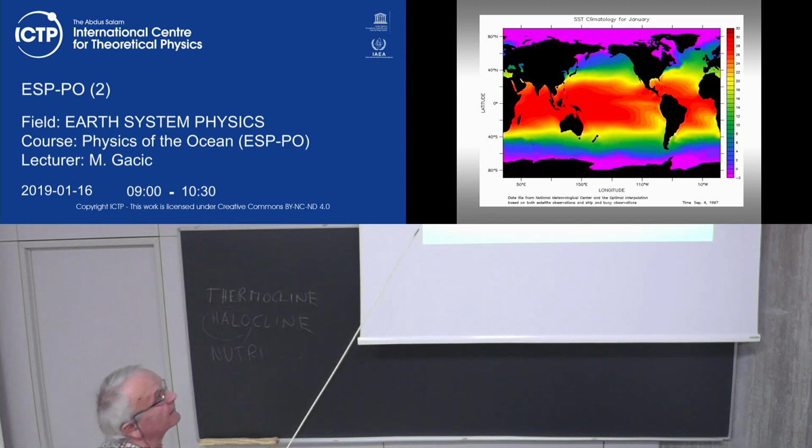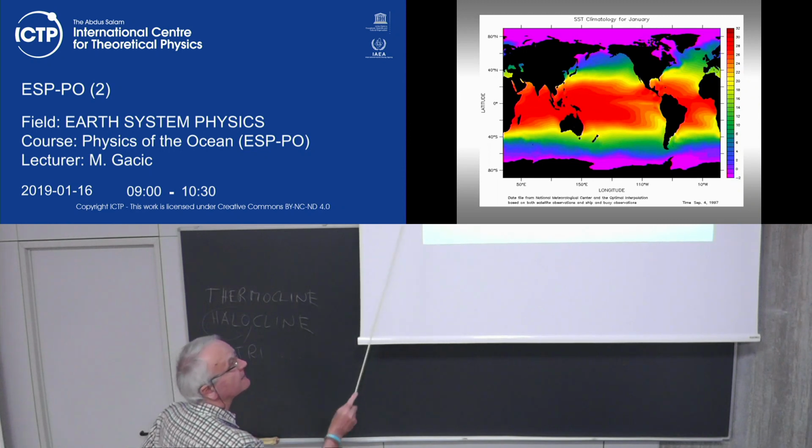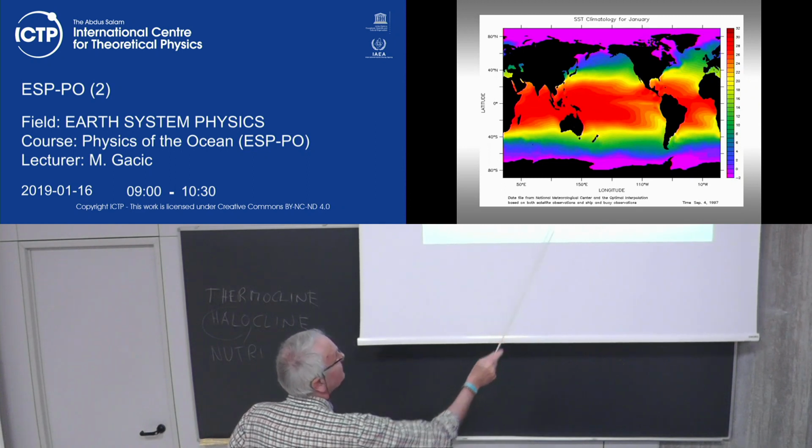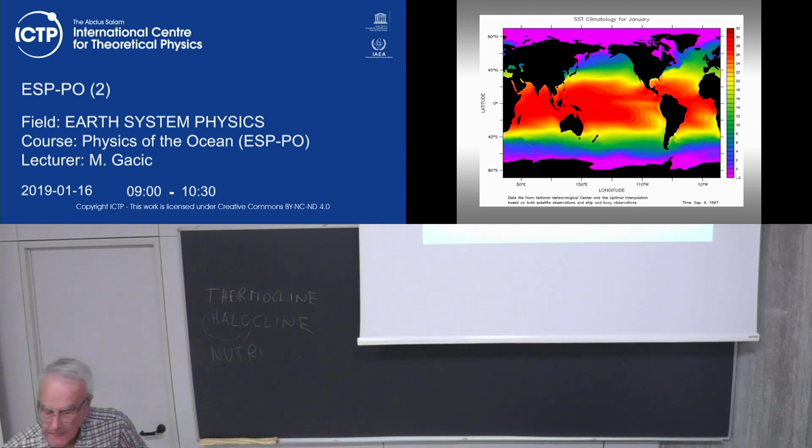What is clearly seen from here is the prevalent zonal distribution of the temperature, which, however, in certain areas is not perfectly zonal. It's not perfectly zonal because of the circulation in the world ocean, because the ocean does part of the redistribution of the heat by itself, vertically or horizontally.